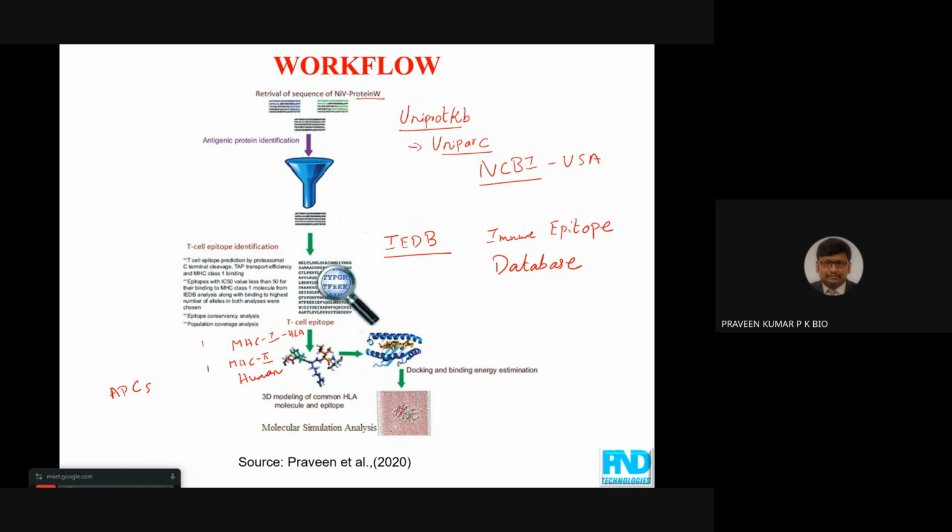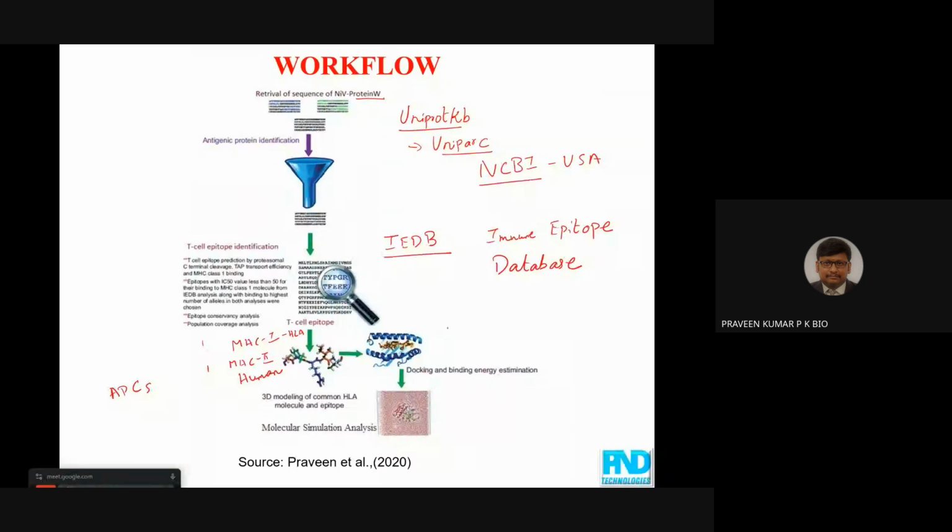So our objective is that whatever peptide we design, whatever peptide we get from the pathogenic protein of Nipah virus that acts like an epitope, we try to bind with the MHC molecules, and then we check whether the binding is significant or not. We report the binding energy score.